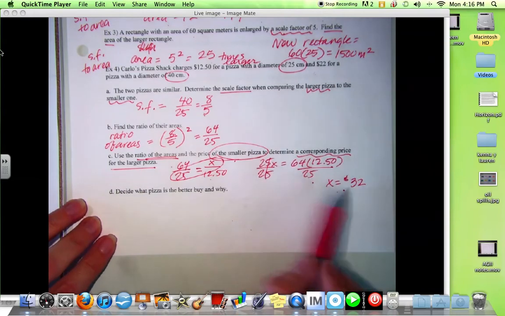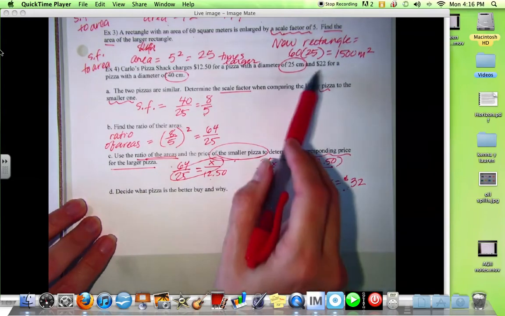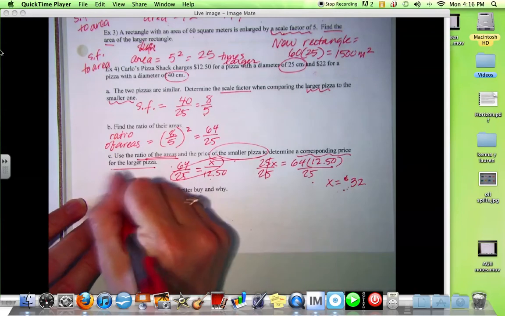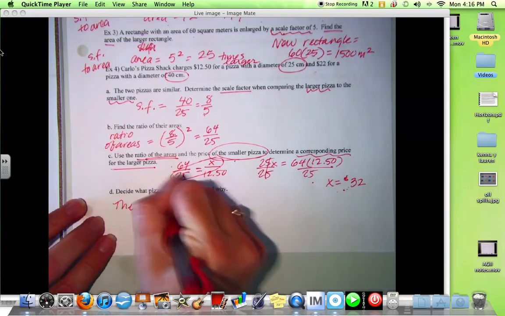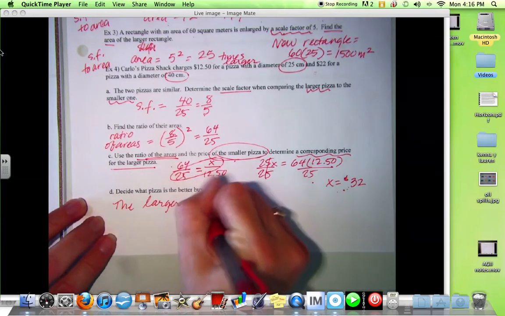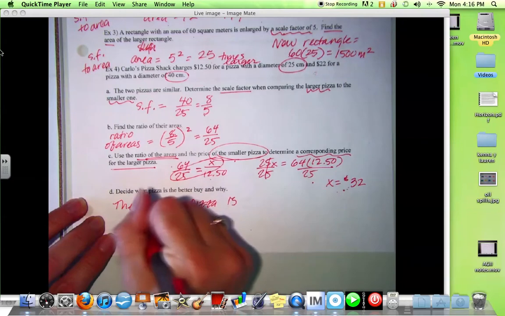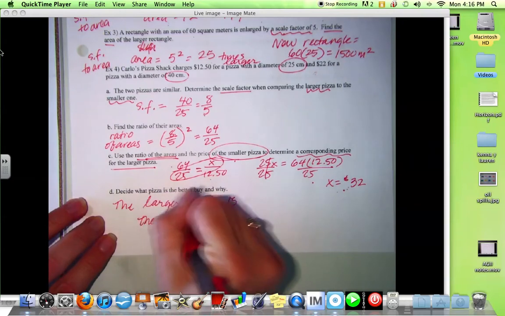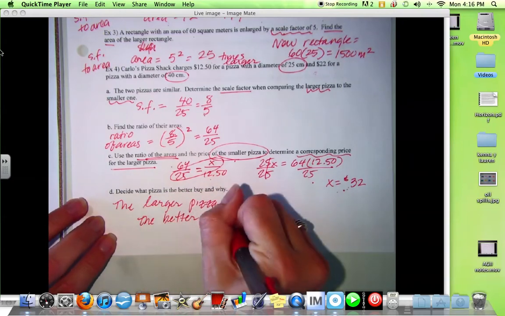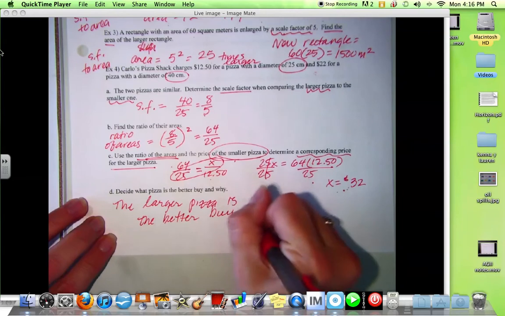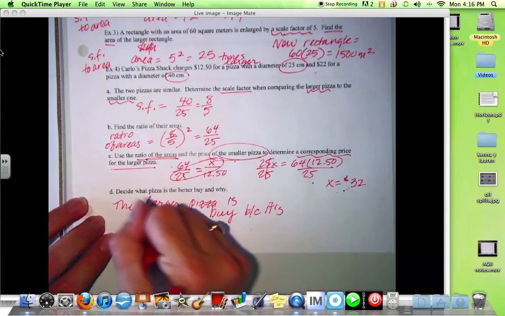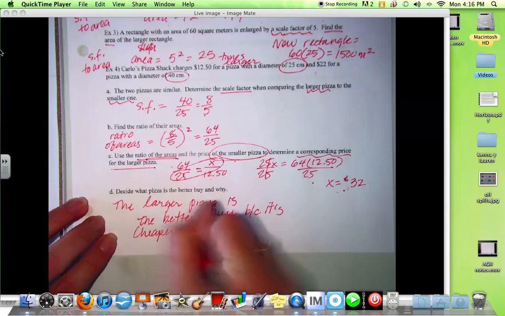So proportionally, we should be charging this much. We don't really charge that much. So the larger pizza is the better buy, because it's cheaper proportionally.